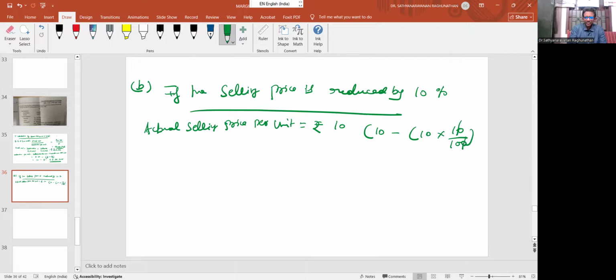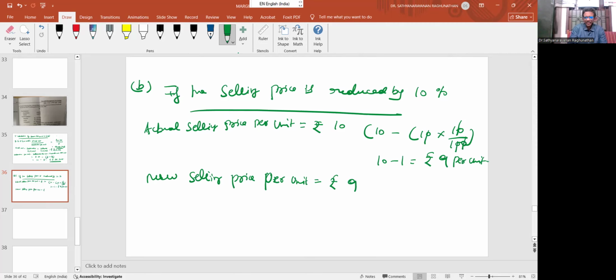The zeros cancel. 10 minus 1 is equal to rupees 9 per unit. So the new selling price per unit is equal to rupees 9 per unit. Okay.